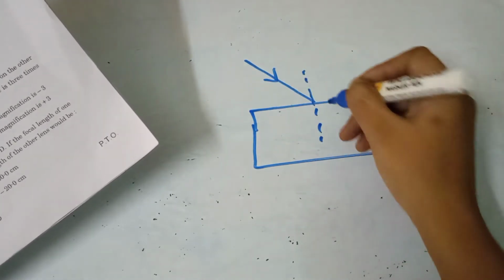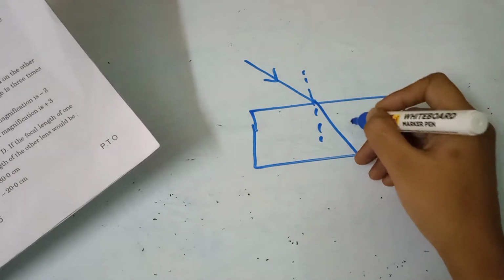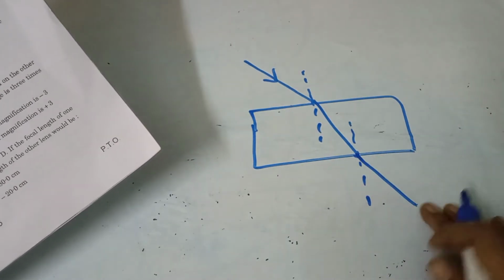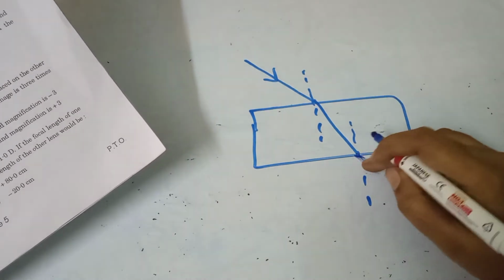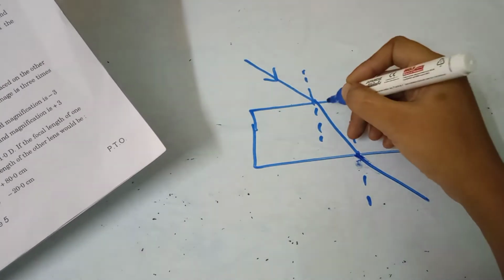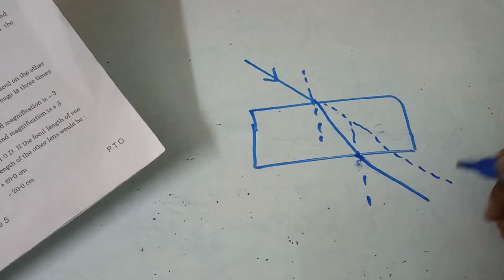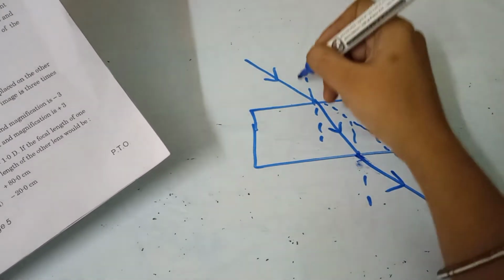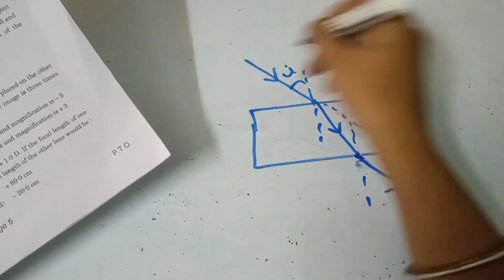This is the normal, this is the refracted ray, and this is the emergent ray. This emergent ray is parallel to the incident ray. So this is the incident ray.